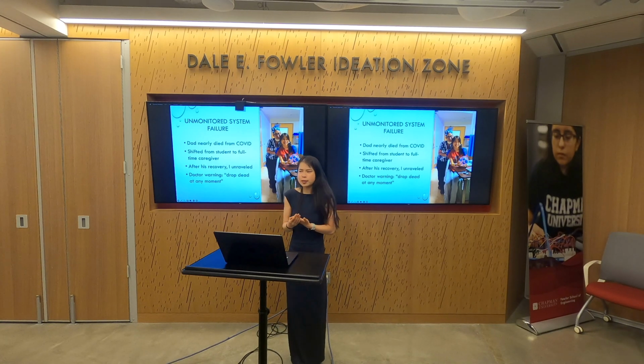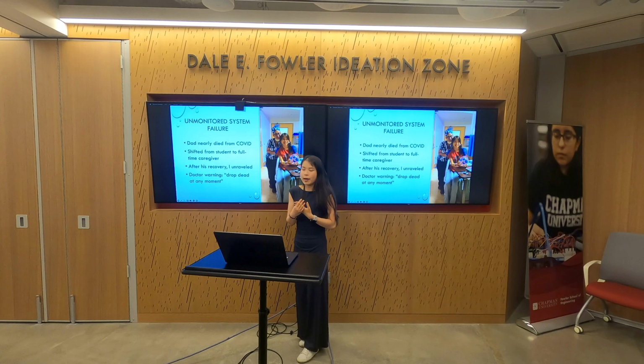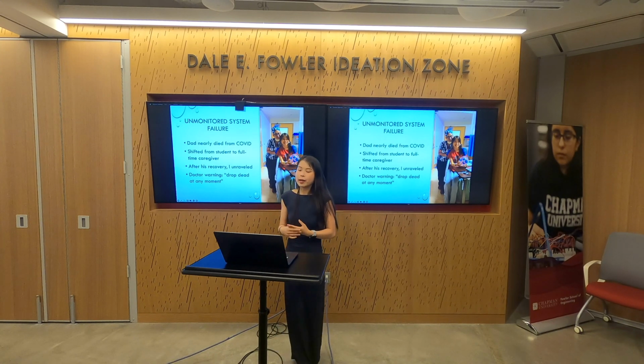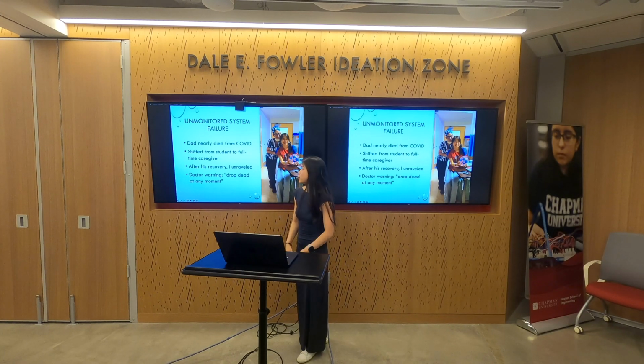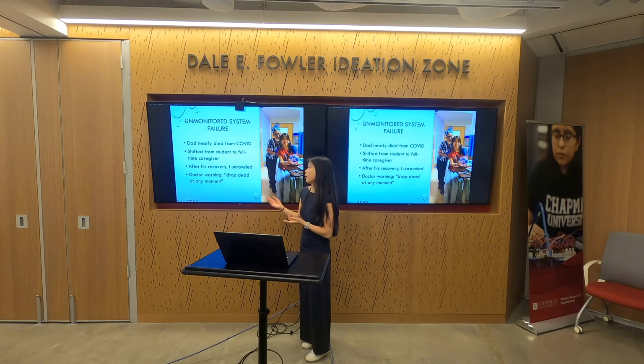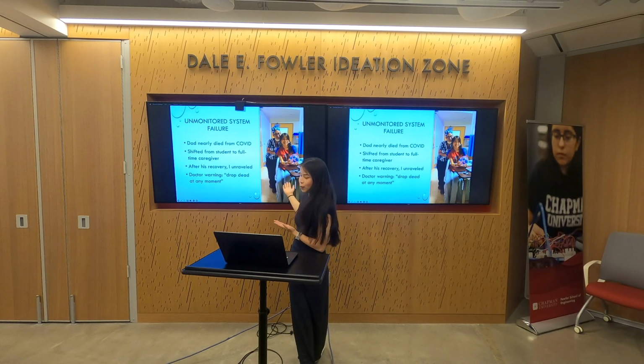I didn't know what to do because I felt like I needed to be of use to somebody else. I couldn't rest and I didn't know who I was anymore. I stopped taking care of my physical health and was having challenges with eating. It got to a point where a doctor said to my parents that I could drop dead at any moment. This is a picture of me in the hospital.